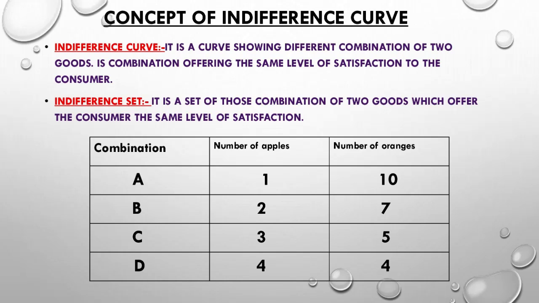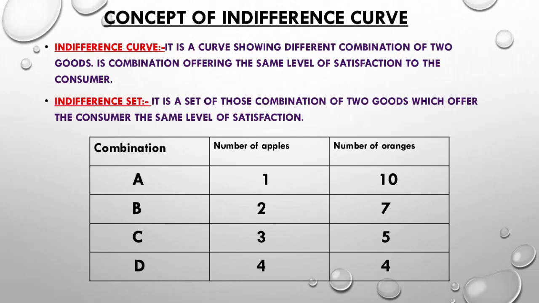So what is the curve? The definition is that this curve shows different combinations of two goods. Our assumption is only two goods. Each combination offers the same level of satisfaction to the consumer.